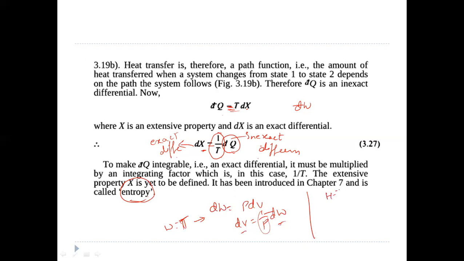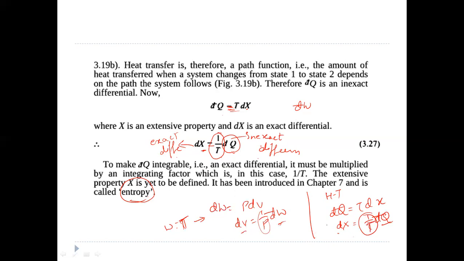If you consider heat transfer, that means dq is equal to T dX. So here dX can be written as 1 by T into dq. That means an inexact differential is made into an exact differential by multiplying with an integrating factor 1 by T. In work transfer, the integrating factor is 1 by P, whereas in heat transfer, the integrating factor is 1 by T.